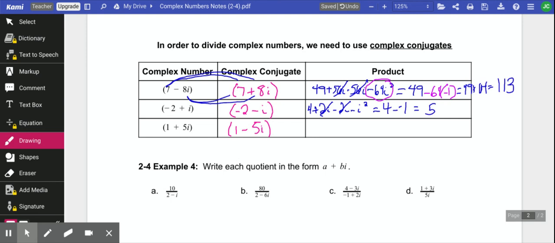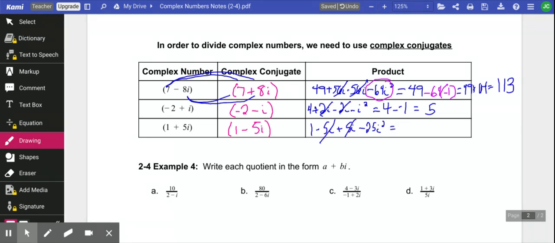All right, let's do this last one. I'm going to FOIL it out. 1 times 1 is 1. 1 times negative 5i is negative 5i. 5i times 1 is positive 5i. And 5i times negative 5i is negative 25i squared.